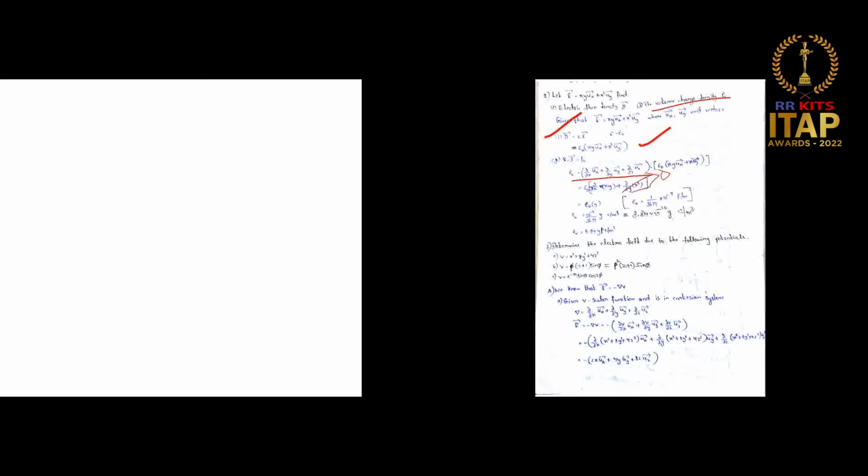So epsilon naught can be written as 8.84 into 10 to the power of minus 12 farads per meter, or that can also be written as 1 by 36 pi into 10 to the power of minus 9 farads per meter.